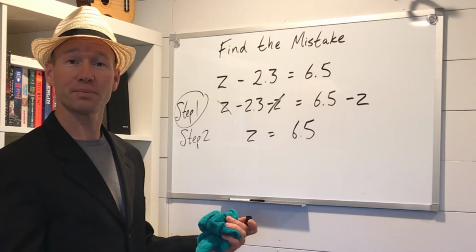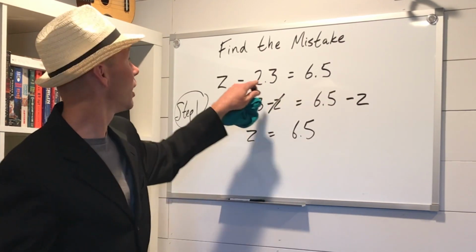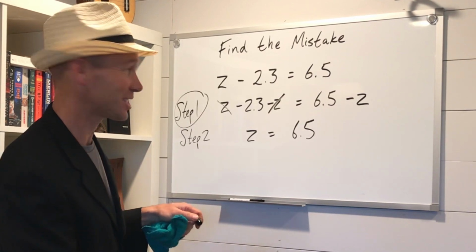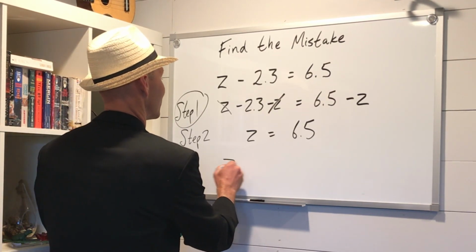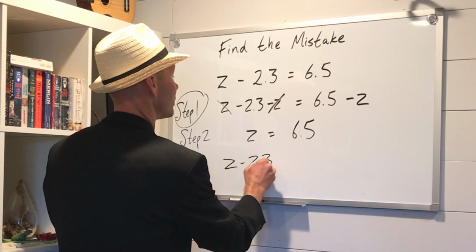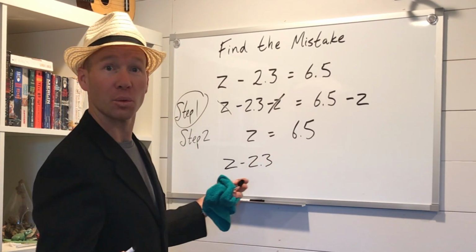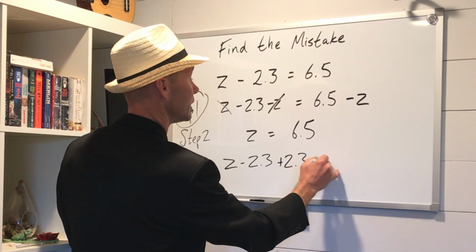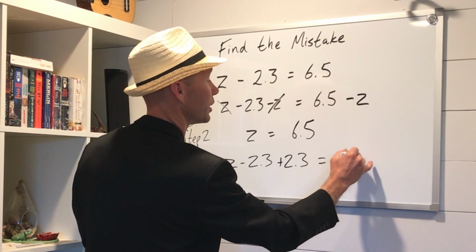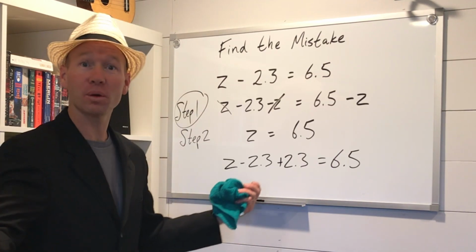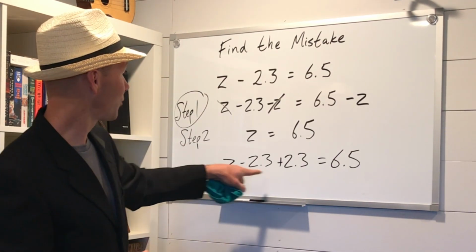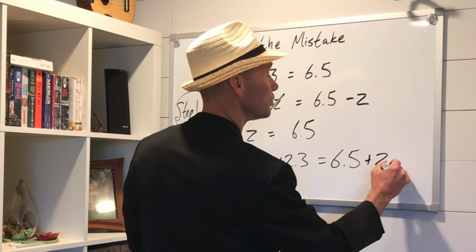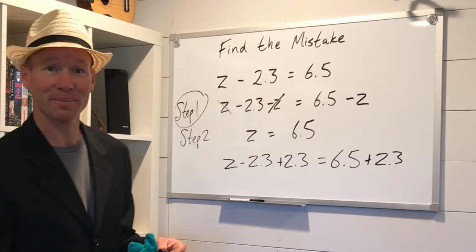So what would I do instead? The opposite of subtraction is what? That's right. It's addition. So z minus 2.3, we're going to add 2.3 equals 6.5. And what are we going to do there? If we added 2.3 to this side, we need to add 2.3 to the other side.